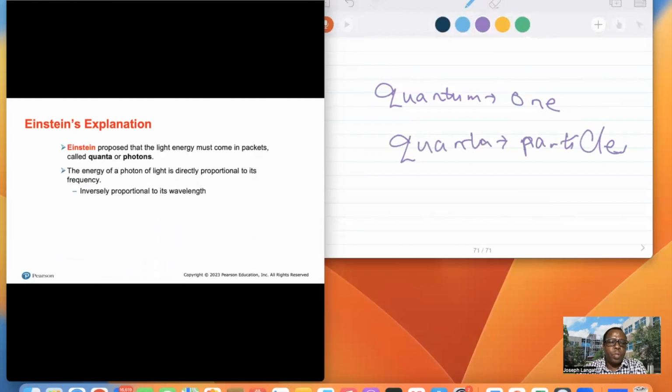The energy of a photon of light is directly proportional to its frequency and inversely proportional to wavelength. Mathematically, the energy of a photon is directly proportional to its frequency.